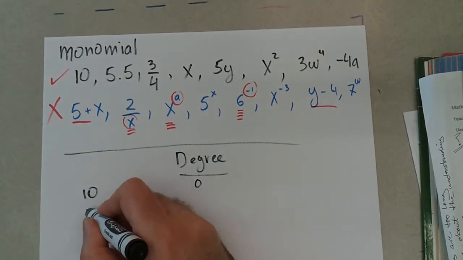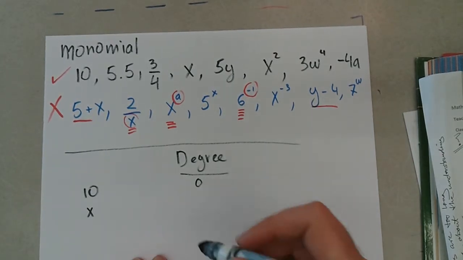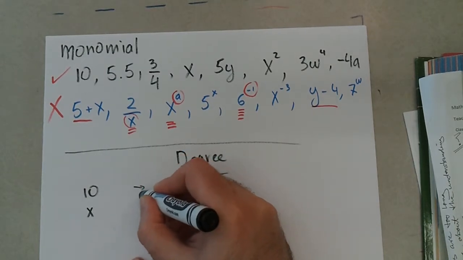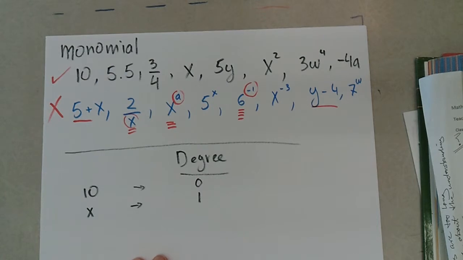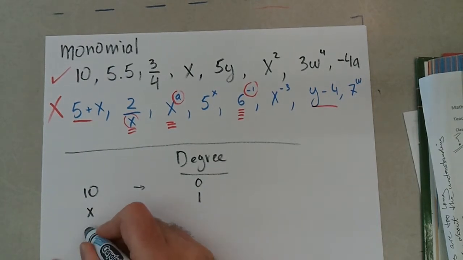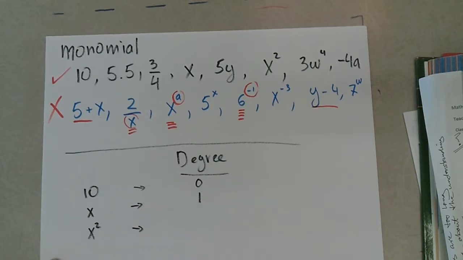Let's take an x. This is an x to the power of 1. Obviously, we don't write that power of 1. So this has a degree of 1. Let's take an x squared. It's a power of 2. Has a degree of 2.